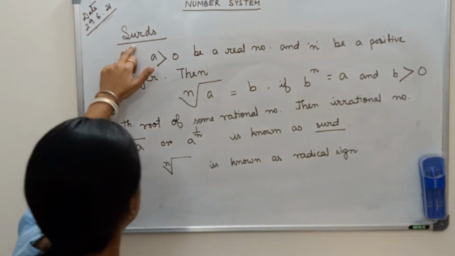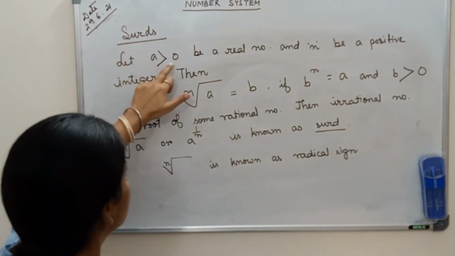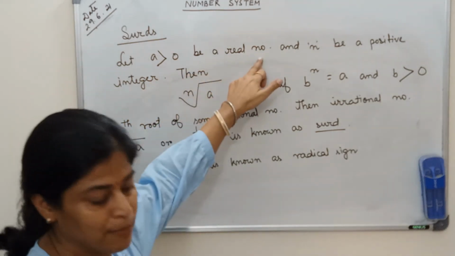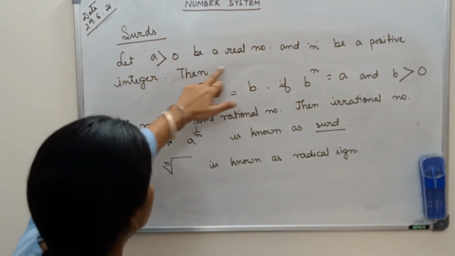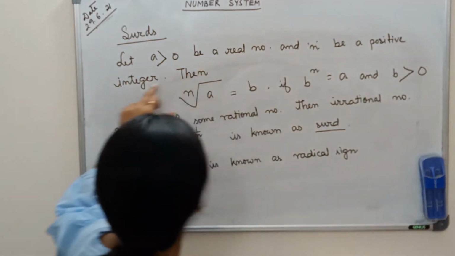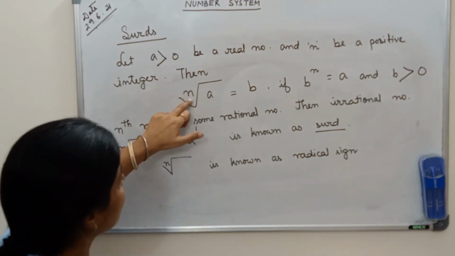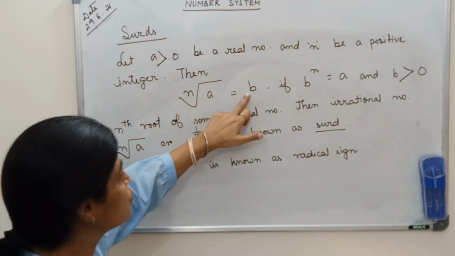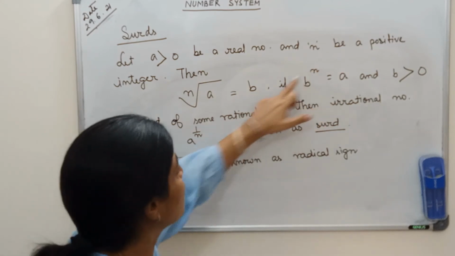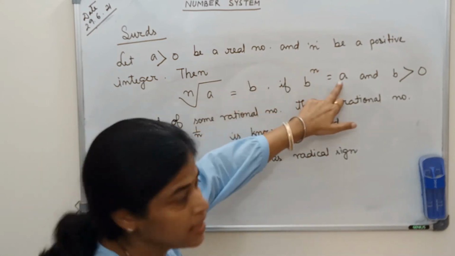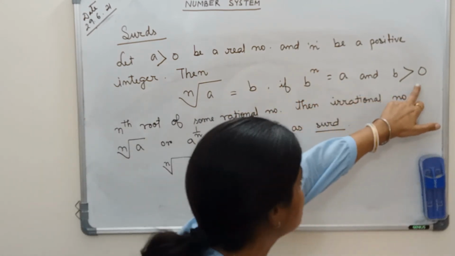Now what is a surd? Let a greater than 0 be a real number and n be a positive integer. Then nth root of a is equal to b, where b to the power n is equal to a and b is greater than 0.